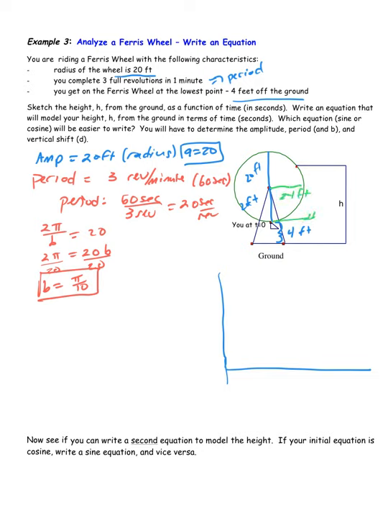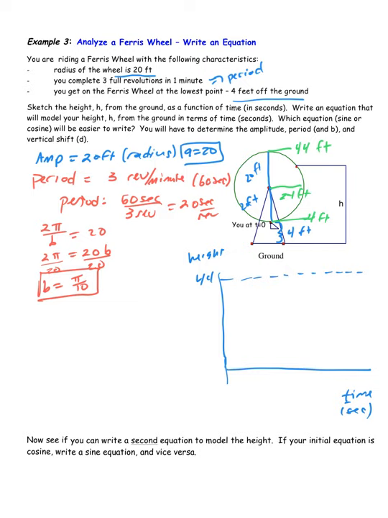The minimum height is 4 feet, and the maximum height is 24 feet plus the radius of 20, so that'll be 44 feet. And so if we're thinking about sketching this graph, I would go ahead and draw in a horizontal line for the maximum value, which is at 44. This is the height, and this is time in seconds.